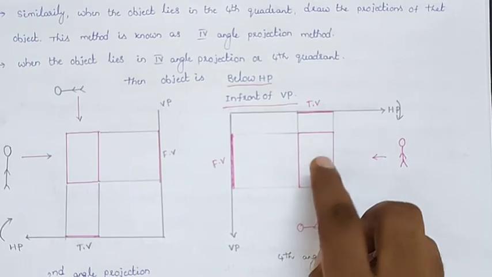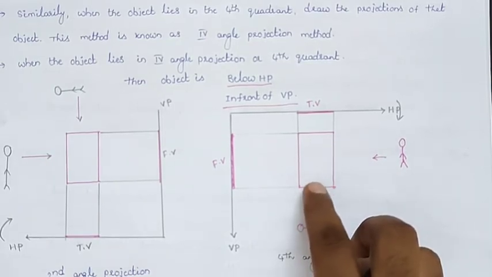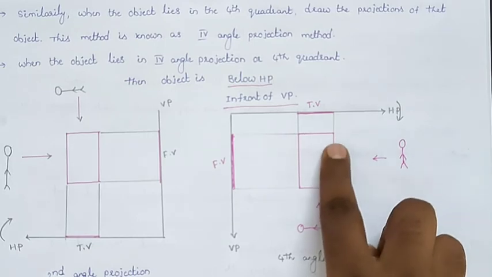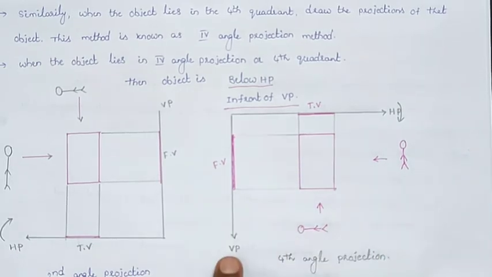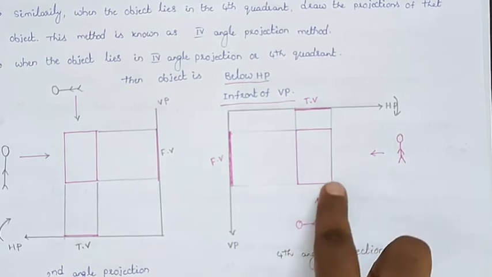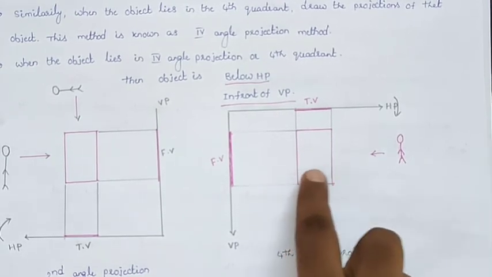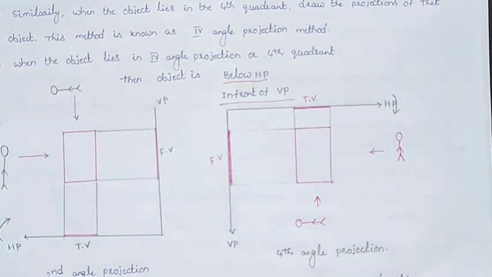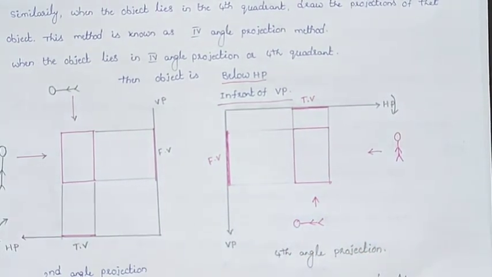The position of the object should be here: with respect to the horizontal plane it should be below, and with respect to the vertical plane it should be in front. So the position of the object in the fourth quadrant is below HP and in front of VP. These are very, very important points.